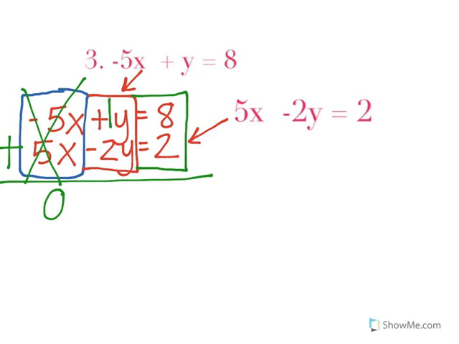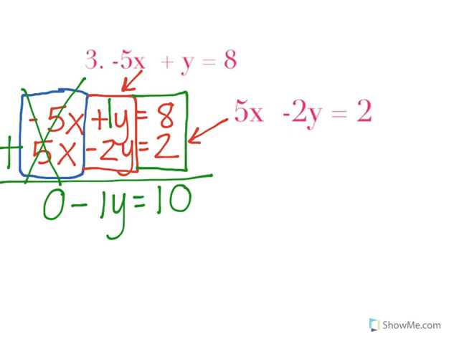For the second column, 1y minus 2y is going to give me negative 1y. And 8 plus 2, because both of these are positive, is going to give me 10.